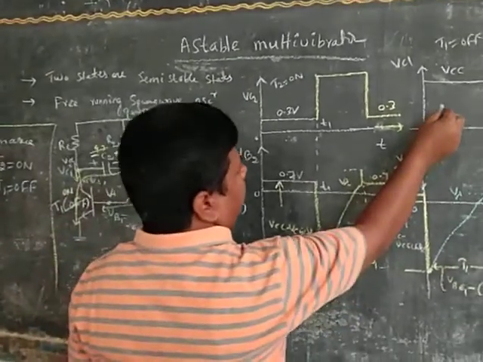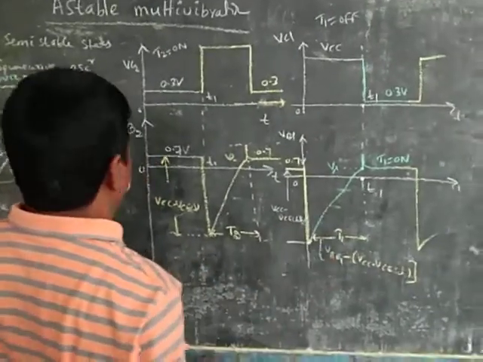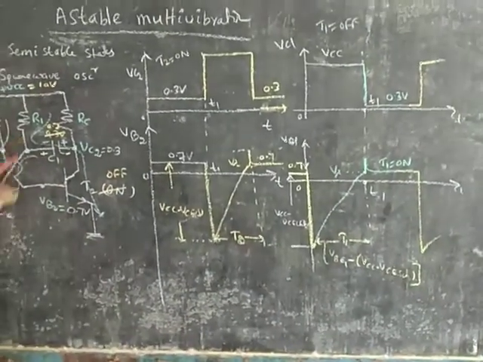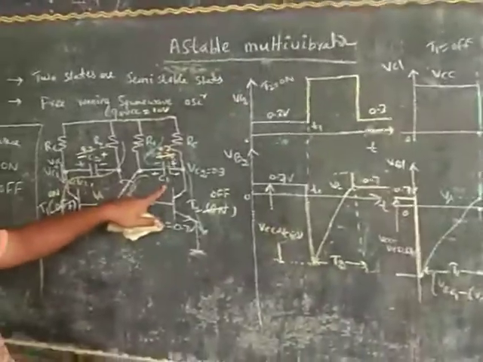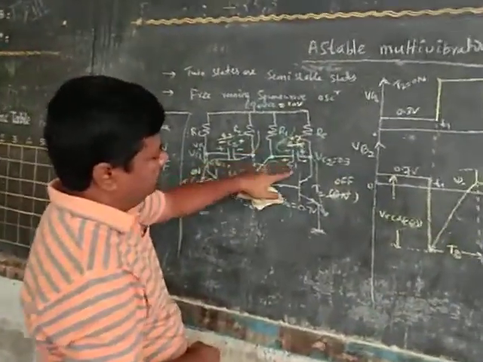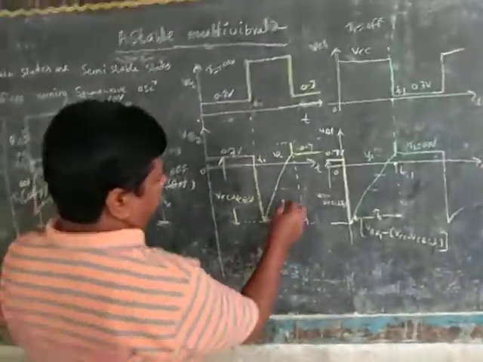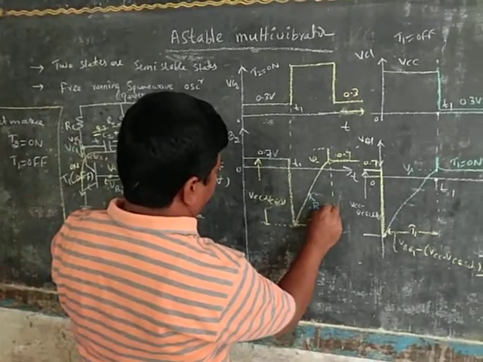Similarly, T1 off, its collector voltage VCC and base voltage somewhat negative. Whenever T2 is on, the C1 capacitor discharges. Previously it is 9.3, and it discharges through the path R1, C1. So this is the time, R1 C1.